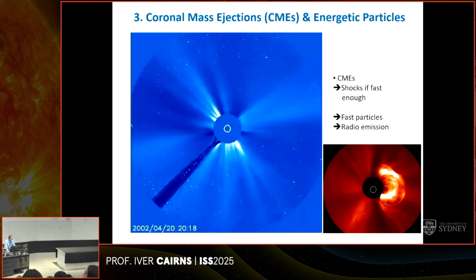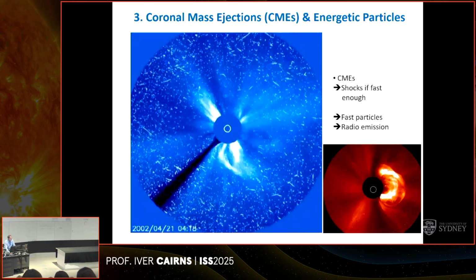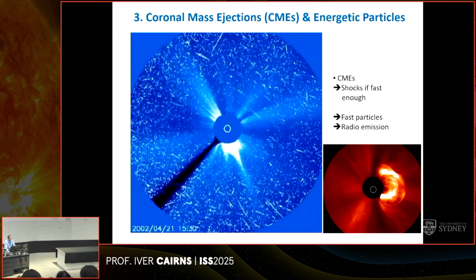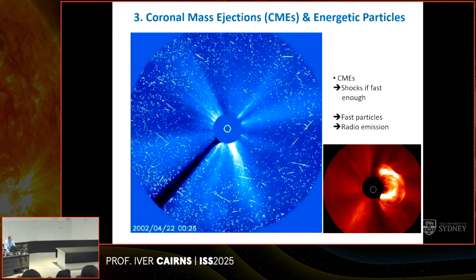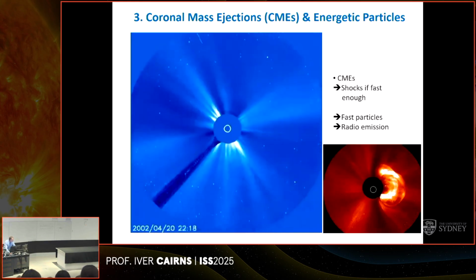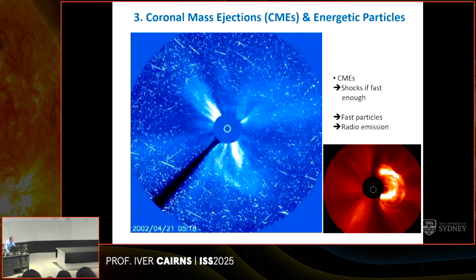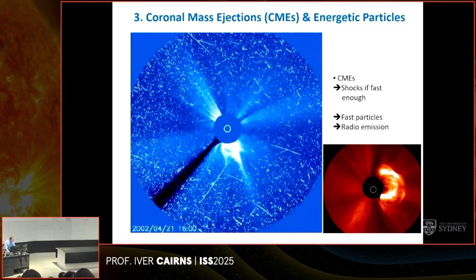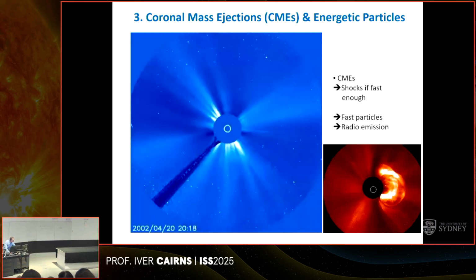Okay, so what about coronal mass ejections? I'm going to show this quickly and then go back. Again, you see the energetic particles, but let's go backwards in time. On my laptop, I can slow this down. What I wanted to do was show this.